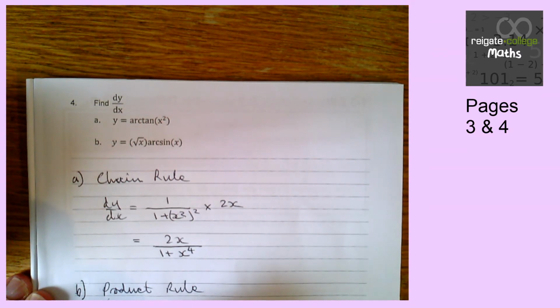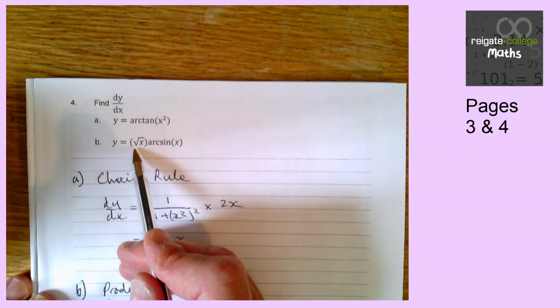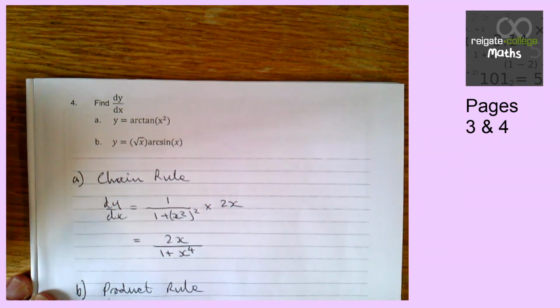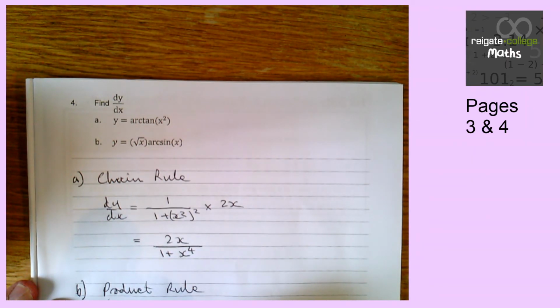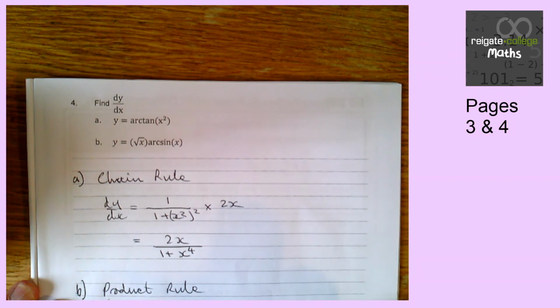So we're going to say dy by dx is equal to, well, I'm going to take this as u and this is v, so I'm going to differentiate my first one, differentiate square root of x, we get a half x to the minus a half times the second function, arc sine of x, plus square root of x, the first function, times differentiate the second function, and the formula book tells us what we've just seen, that that's times 1 over the square root of 1 minus x squared.